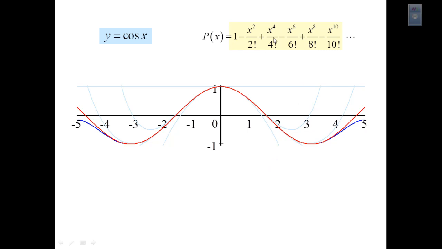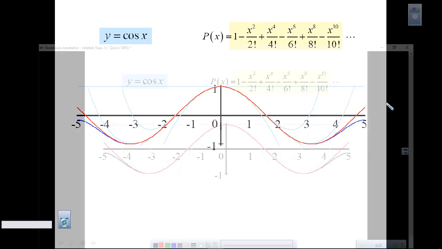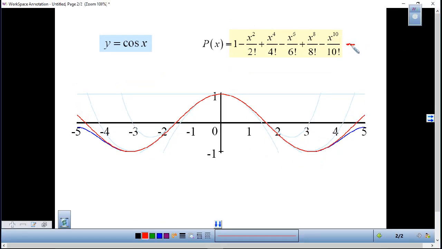So the more terms you have for your Taylor or Maclaurin series, the more accurate it's going to be. Now, let's talk a little bit about the series and the polynomial. The polynomial is formed when you stop here and say, okay, I'm not going any further, so let's get rid of those dots.